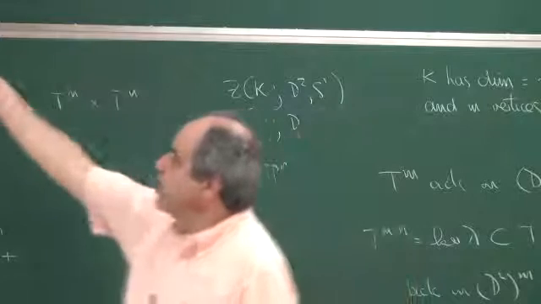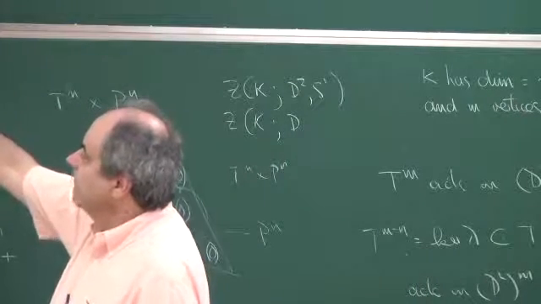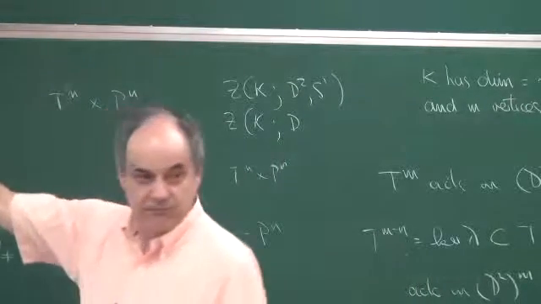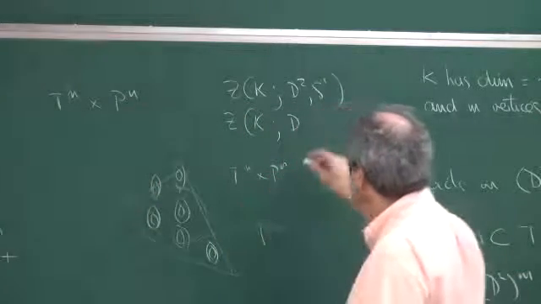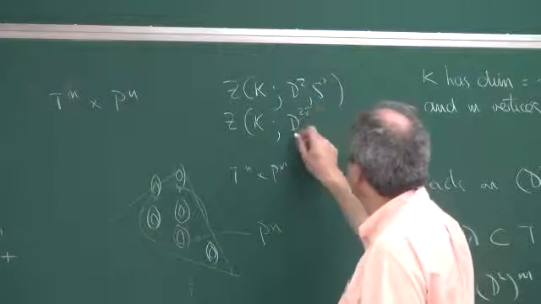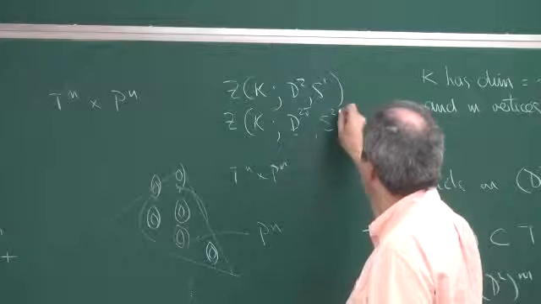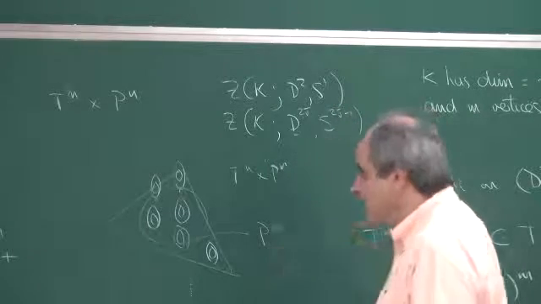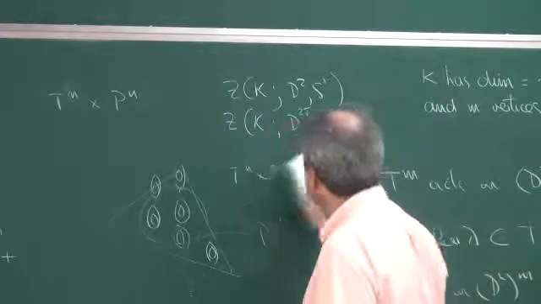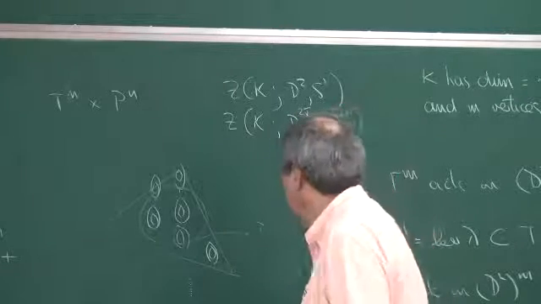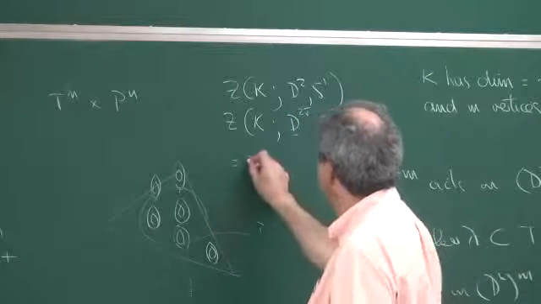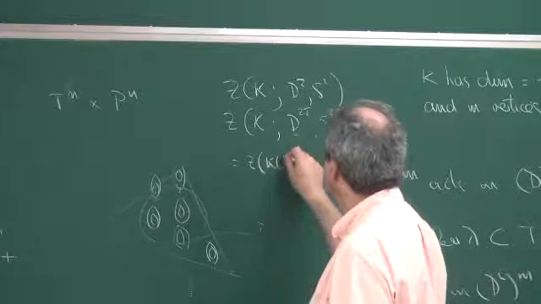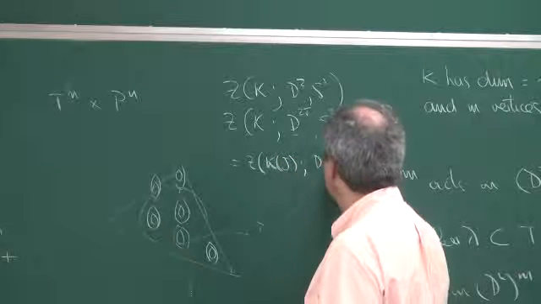So here I'm going to use bigger disks, 4 disks, say, right? So I use bigger disks, and by the theorem which I told you, this is going to be Z of K of J of D2, S1.